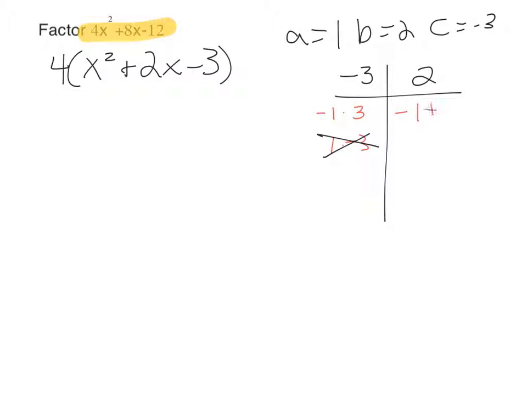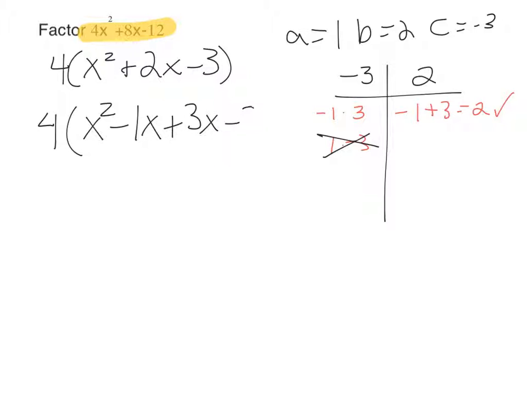Negative 1 plus 3 is equal to 2, and that's what I want, so I'm good to go. In the next line, it becomes 4 times x squared minus 1x plus 3x minus 3.